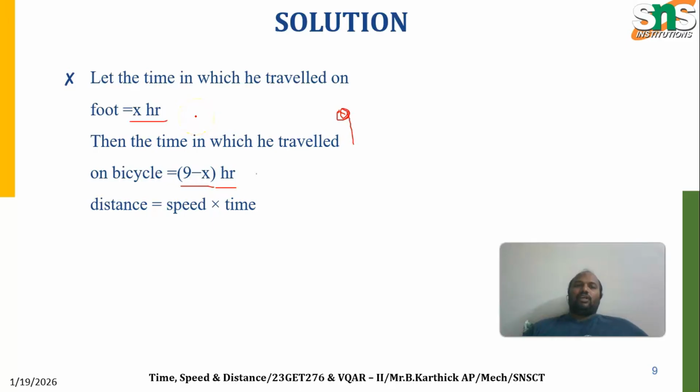So for walking he takes x hours, and the remaining part, 9 minus x, is the time taken to travel by bicycle. Here distance equals speed times time, taken from the basic formula s equals d by t.